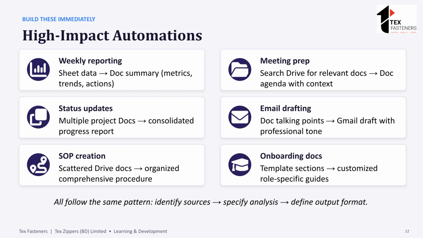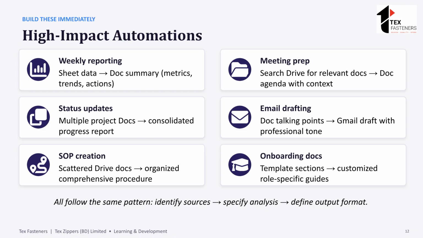There are many high-impact automations you can build immediately. For weekly reporting, connect sheet data to a doc summary containing metrics, trends, and actions. For meeting preparation, search Drive for relevant documents and create an agenda with context. For status updates, combine information from multiple project documents into one progress report.